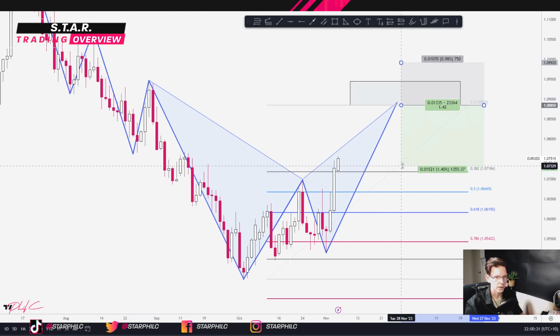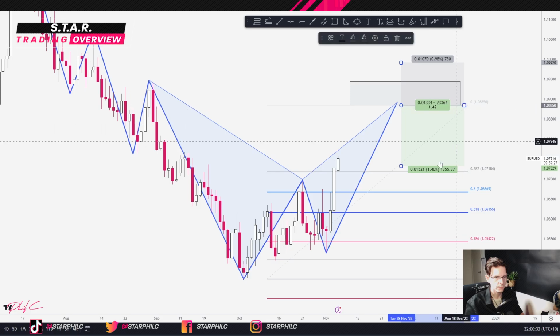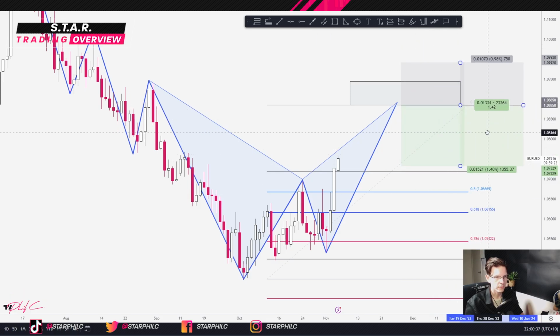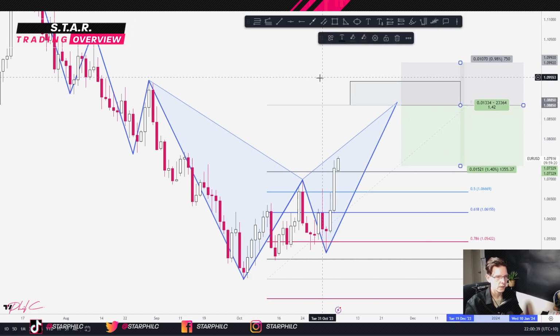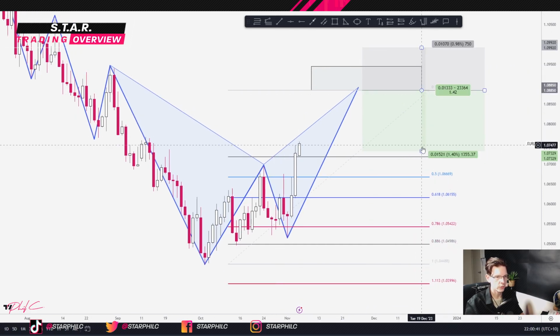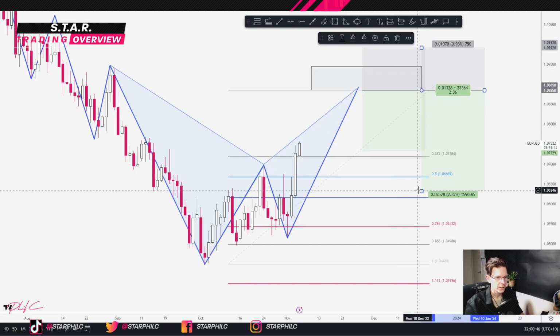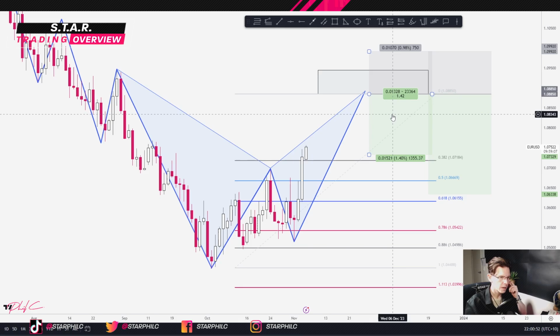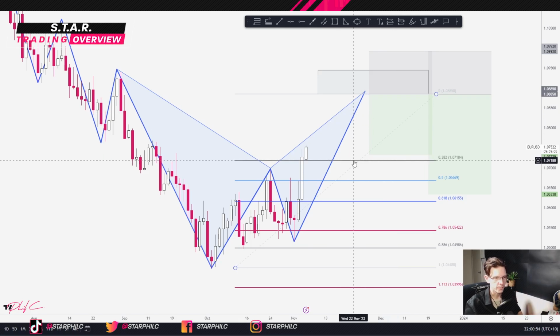And then target 1 is at a 382, okay? Right there. What we want to do is clone this and move it to the side. Target 1 and target 2 is, we'll drag that down into a 618 right there, okay? And again, what was my strike rate on this setup?